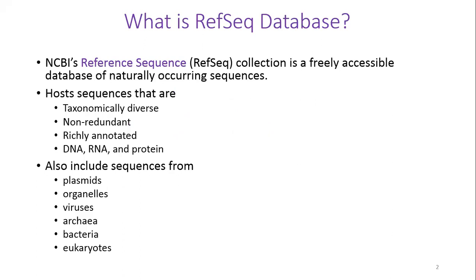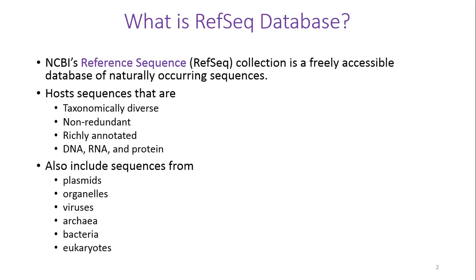It is an NCBI collection of freely accessible, naturally occurring sequences. This database hosts sequences that are taxonomically diverse, non-redundant, richly annotated, and of different types: DNA, RNA, as well as protein.